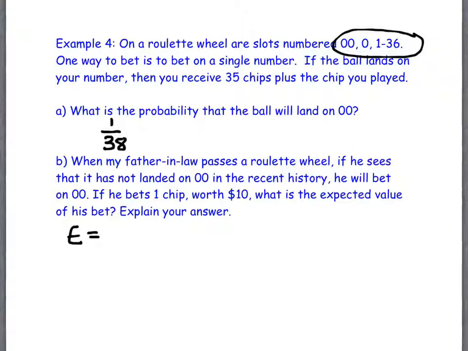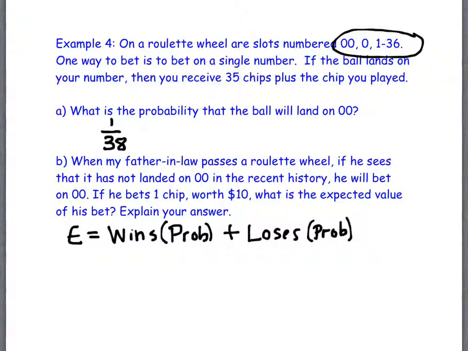So I'm only going to have two things that are multiplied and then added together. One is the amount he wins times the probability that he wins. Then I add that to the amount that he loses times the probability that he loses.